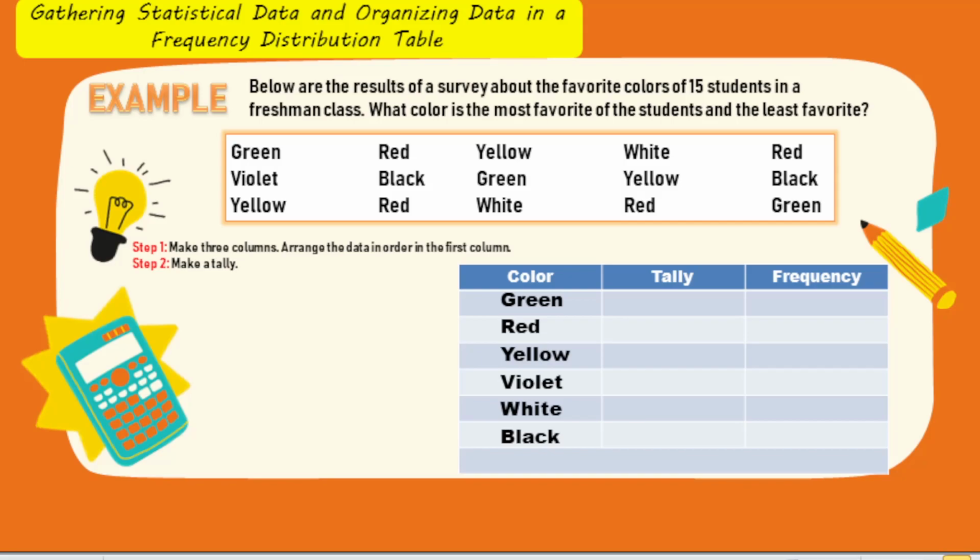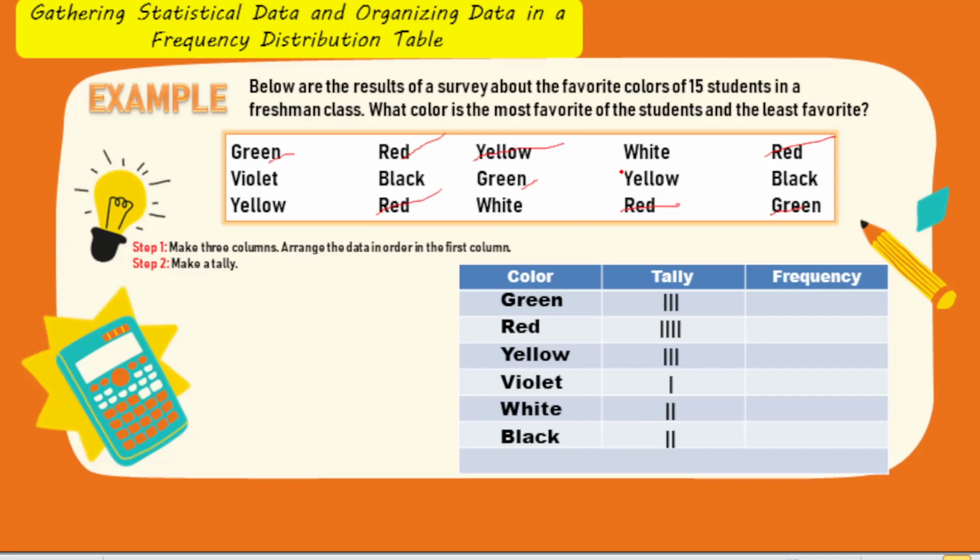Next, make a tally. Ilan nga ba yung may gusto sa green, sa red, yellow, hanggang black? So, ito yung mga tally marks natin. So, ang nakagusto ng green, check lang muna natin. So, 1, 2, 3. Yan. Sa red, 4 daw. So, 1, 2, 3, 4. Okay. Sa yellow ay 3.